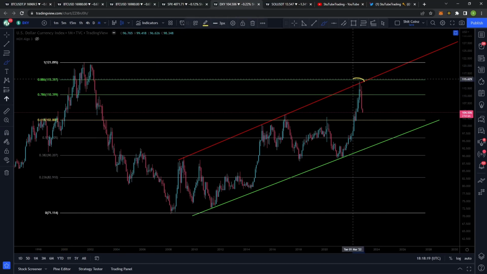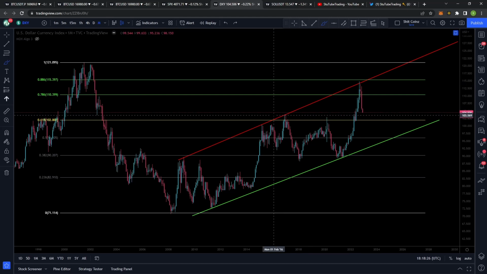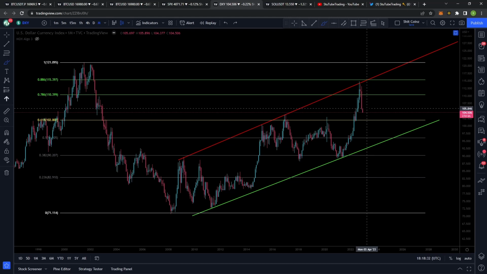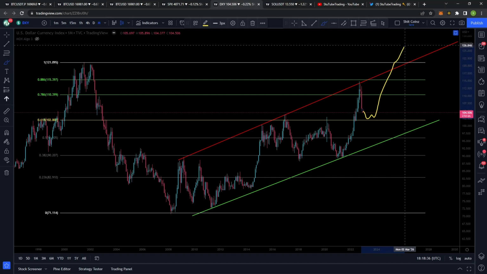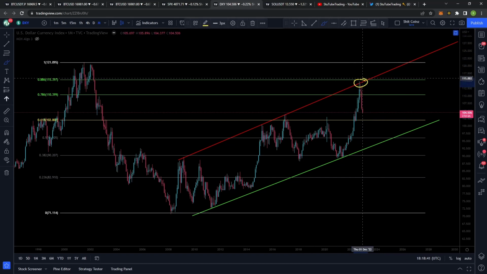So I thought there was absolutely a good chance that the DXY ends up topping out at this level. So I'm interested to see. We are coming back down to retest some of this resistance, possibly as support. Obviously, anything can happen. The economy's a mess. Maybe the DXY does end up bouncing and just setting new highs and going parabolic once again. But yeah, for those of you following along, this shouldn't have come as too much of a surprise.